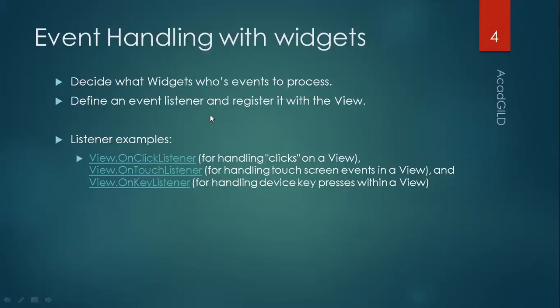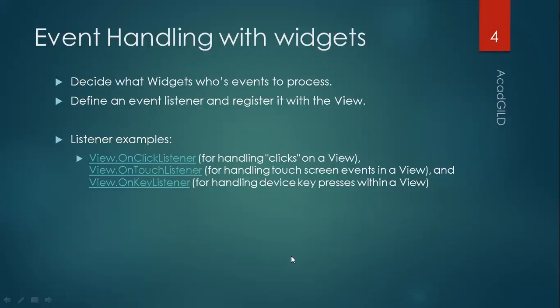If you guys are getting too confused, we'll just learn what is view.onClickListener. What this means is you're attaching ears to your buttons and you're telling your button that whenever somebody clicks, you just respond. That is what you're telling by view.onClickListener. And here it handles click events on the view.